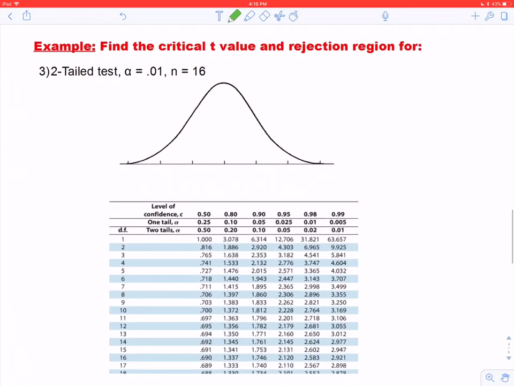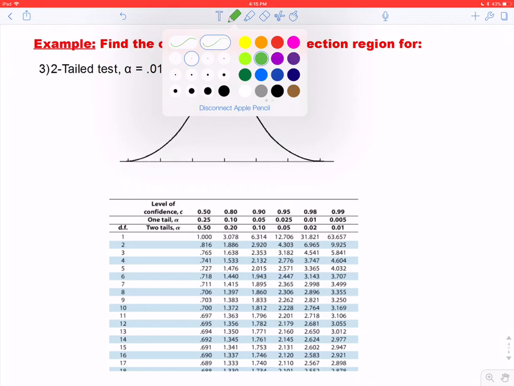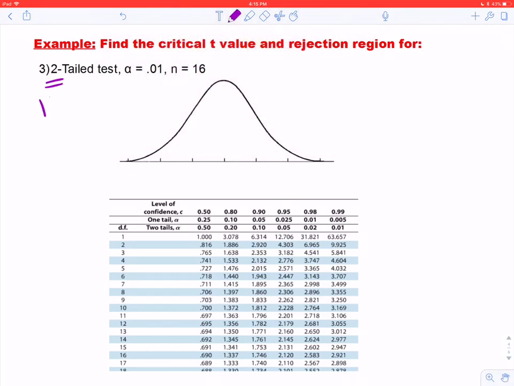All right, and then we know our third case is when the alternative hypothesis contains not equal to, that is our two-tailed test.